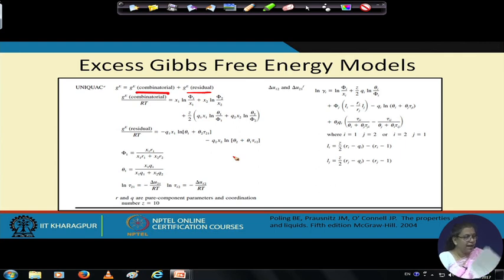And after that, apart from the UNIQUAC equation, there are also some other types of equations which have been proposed. They are known as the group contribution methods. What are these group contribution methods?